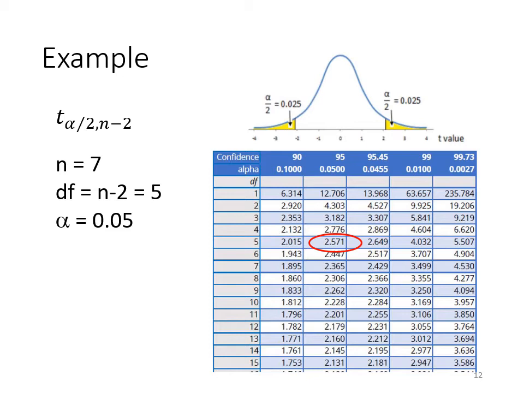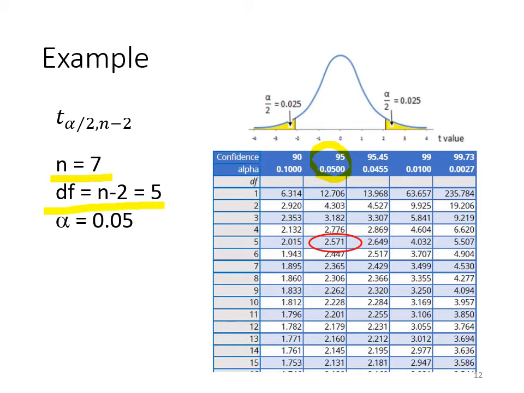Now, we'll do a two-tailed t-test again. So again, this is a two-tailed t-test table. We're looking at the 95% confidence interval, so alpha here is 0.05. The number of observations that we've made is 7.